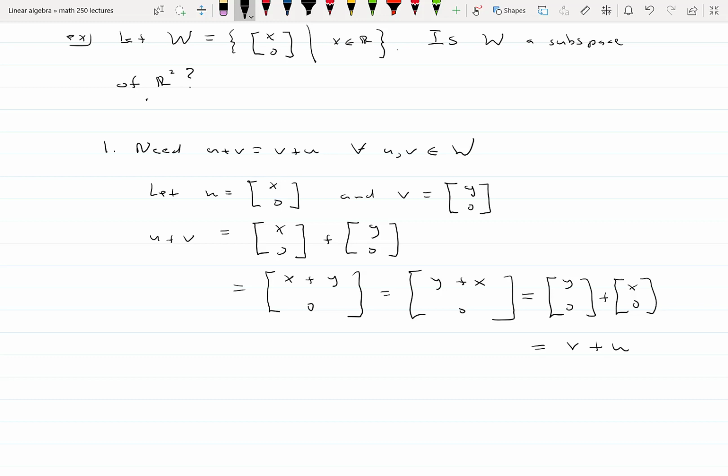So all 8 properties of a vector space hold everywhere, and I'm emphasizing everywhere, in R2. In particular, they hold in W. So since property 1 holds everywhere in R2 and W is just a part of R2, then property 1 also holds. If you don't get that, I'll be repeating this idea very, very soon.